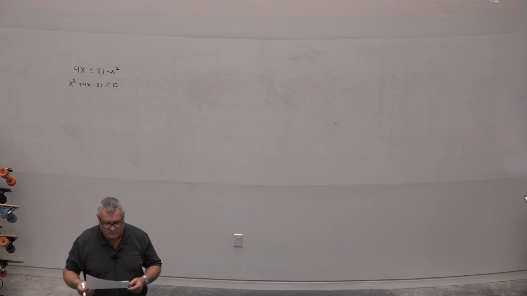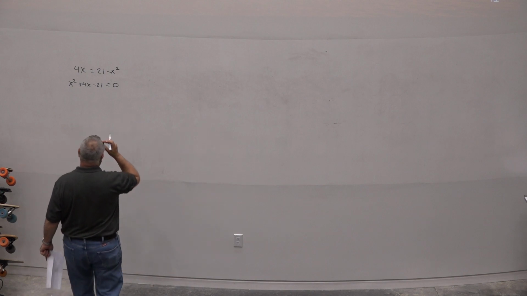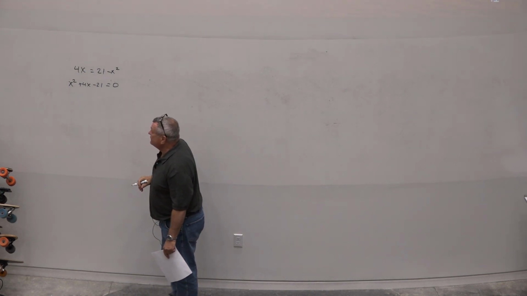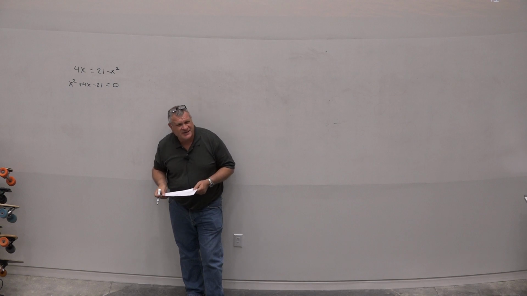I'm just checking to make sure I wrote it down right. If I try to factor it, I guess I could factor it, couldn't I? Yeah, 7 and 3. So you know where you're going with this, but let's use the square root method though. Now that I've got it in this factored form, what does completing the square mean?